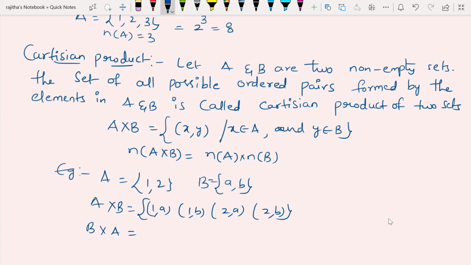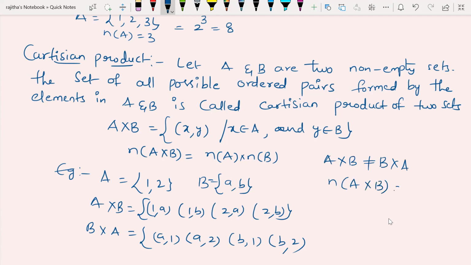Next, what is B cross A? (a, 1), (a, 2), (b, 1), (b, 2). It is clear that A cross B is not equal to B cross A, but n(A cross B) is equal to n(B cross A).